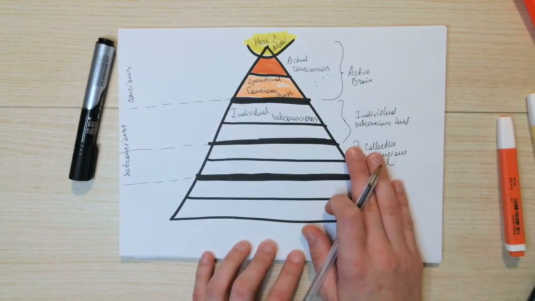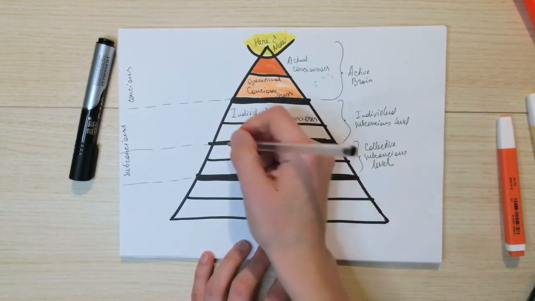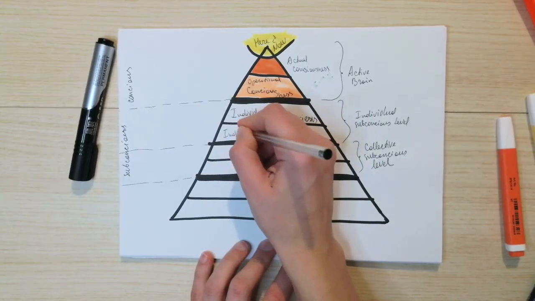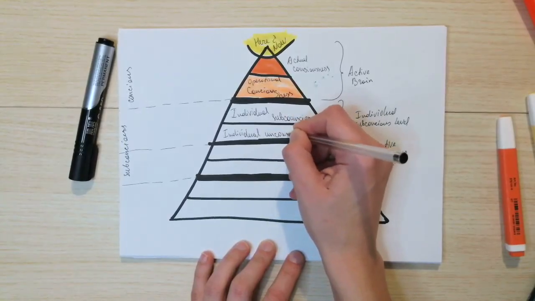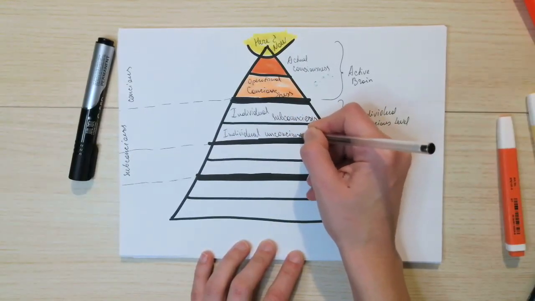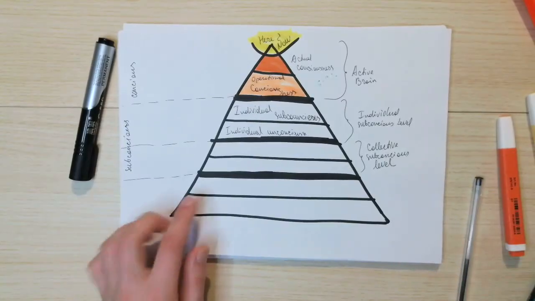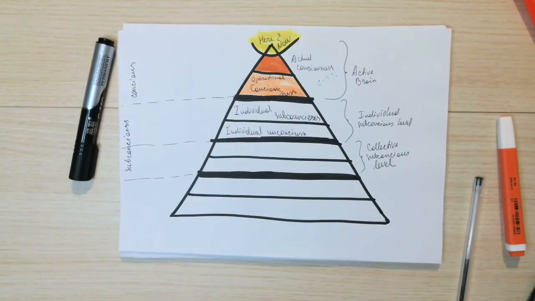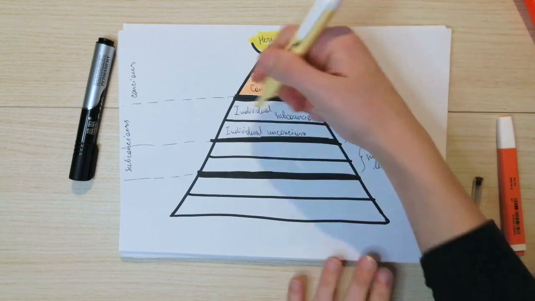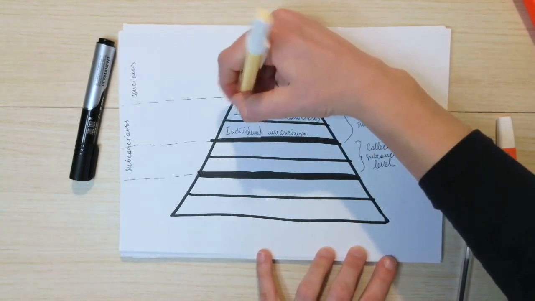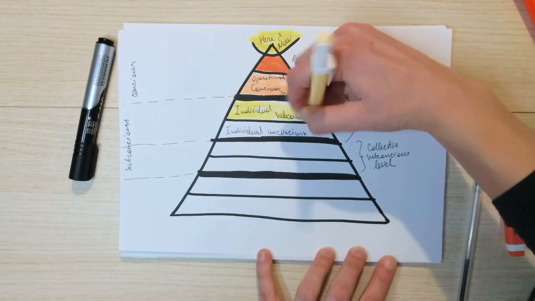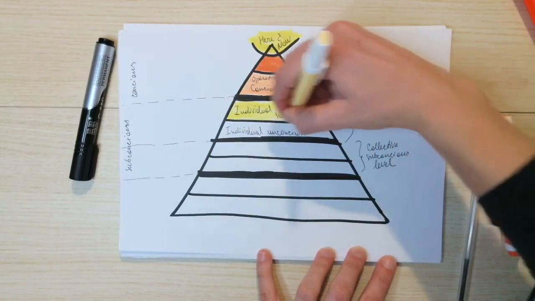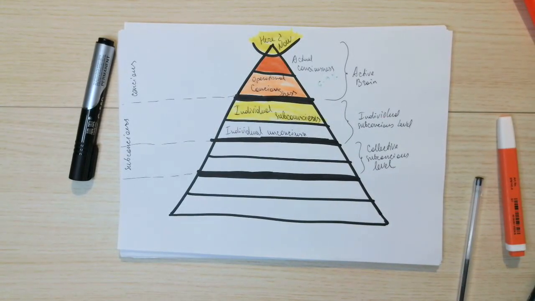This part of the pyramid has the individual unconscious level. Unconscious level. So if we follow the color scheme we have, the subconscious is yellow, and the individual unconscious level is green.